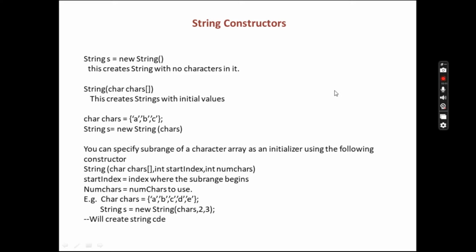So from within that array, if you want to take a subrange, you specify the start index from where you want to take the subrange and the number of characters. For example, String s = new String(chars, 2, 3). So it will start at index 2, that is 0, 1, 2. C will be taken, and from C, 3 characters will be taken: C, D and E.